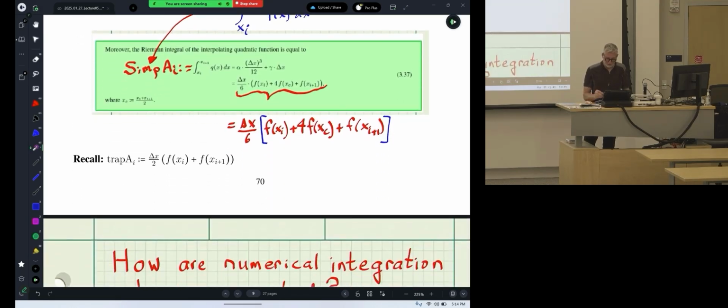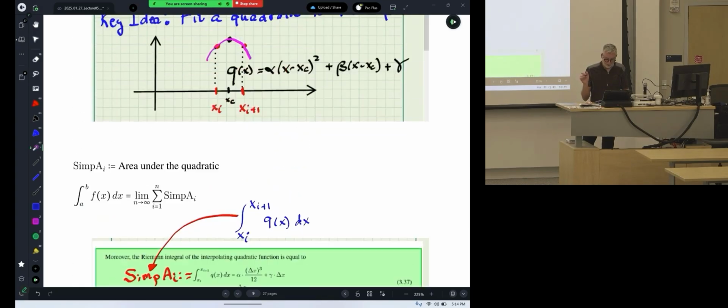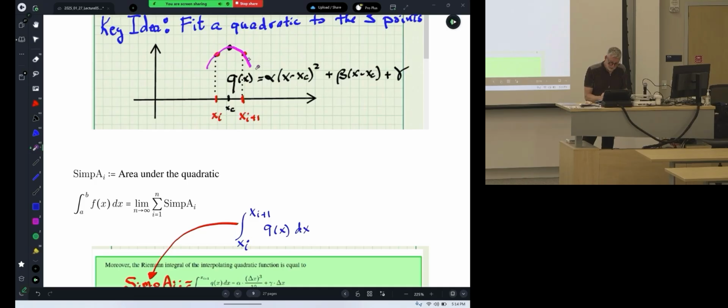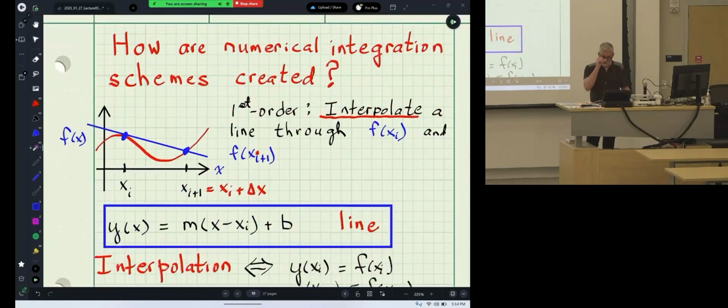And when you do that and calculate the area, just like we just finished doing, you end up with a weighted average that is 1/6 on the left, 1/6 on the right, and 2/3 on the middle. That's the integration scheme. Okay, so what it corresponds to is precisely the exact area under this quadratic. And that's how all numerical integration schemes are created.